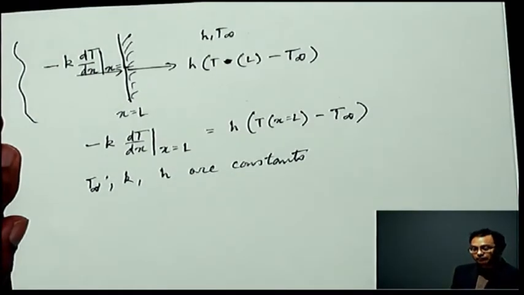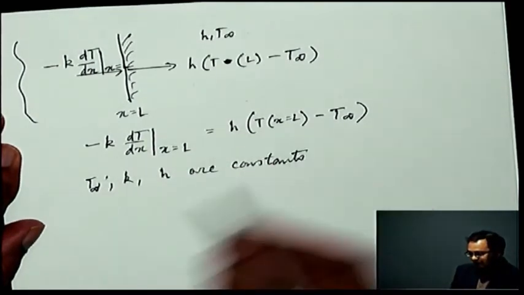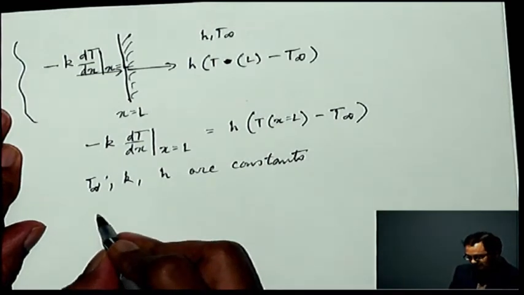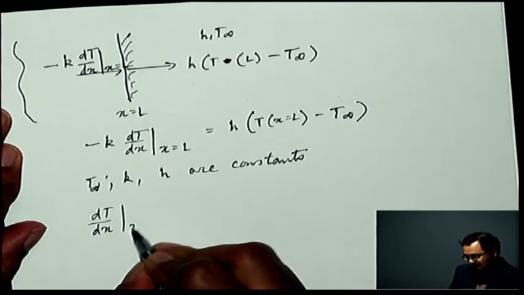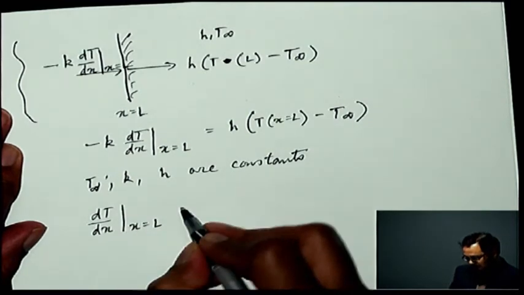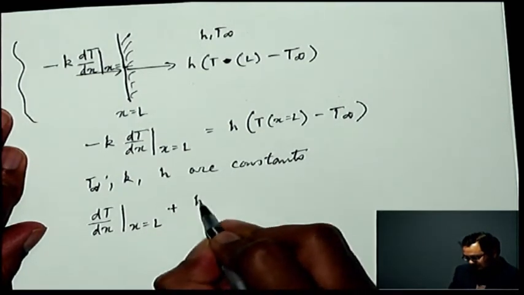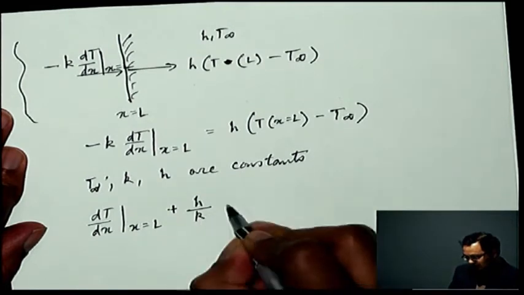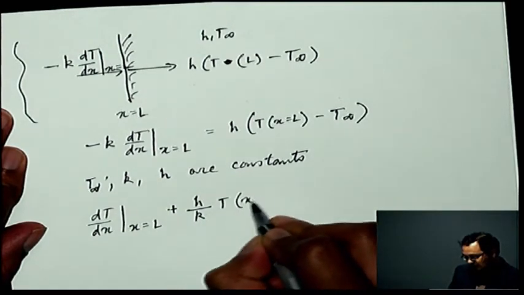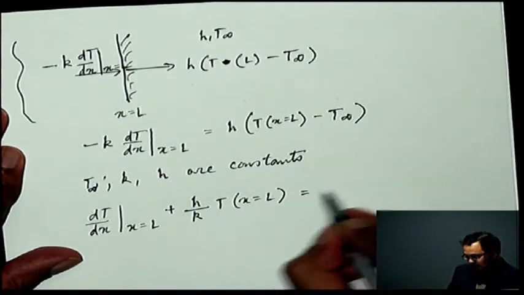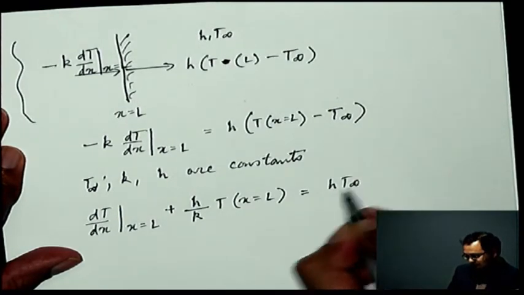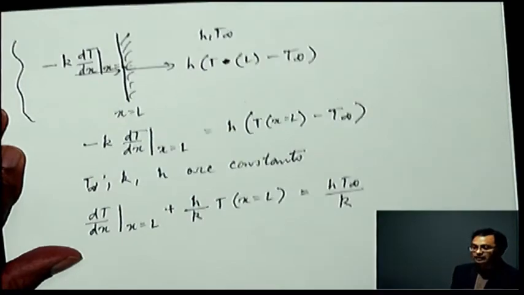Okay? So you can see I can rearrange this and write this as dT/dx at x equal to L plus h over k times T at x equal to L is equal to h T infinity over k.